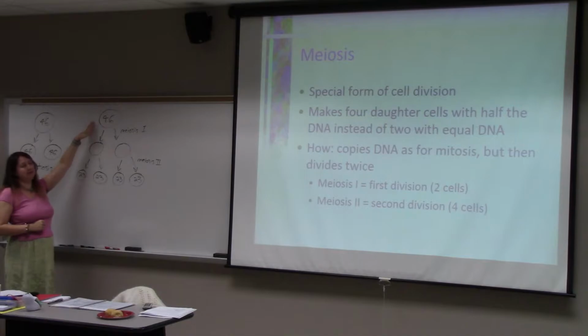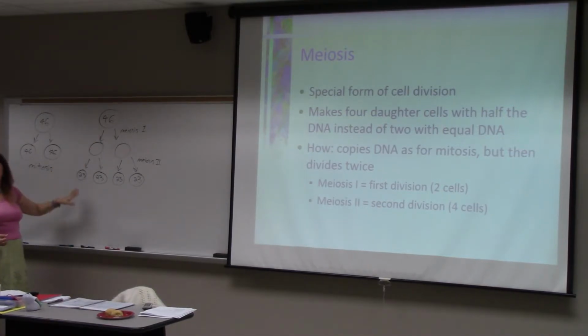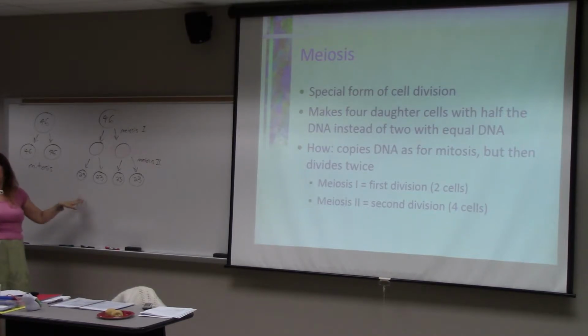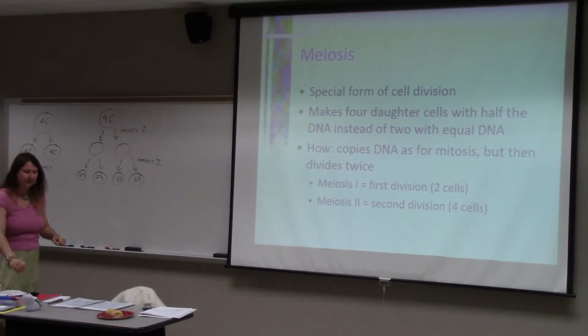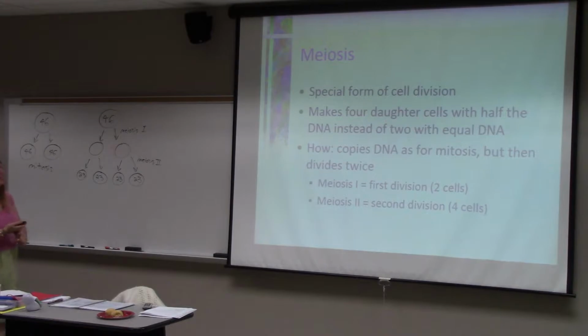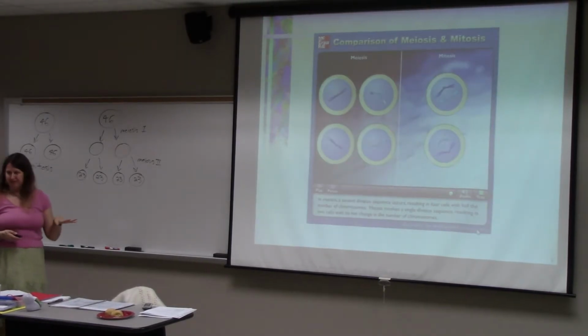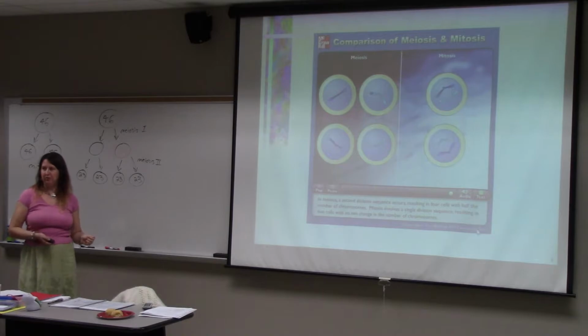Meiosis replicates the DNA, but then it divides twice. So you have twice as many daughter cells with half the DNA. And that just lays out the divisions like here. And we'll skip the video because you can watch it in the PowerPoint.